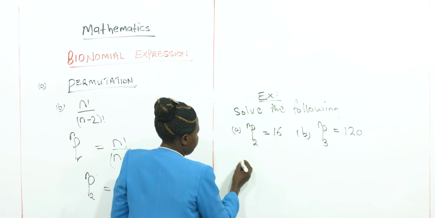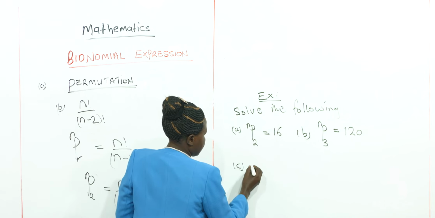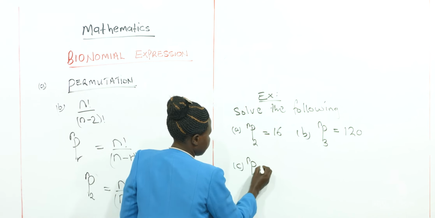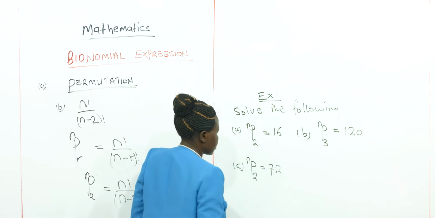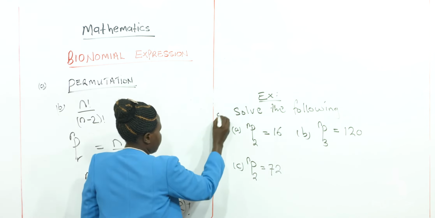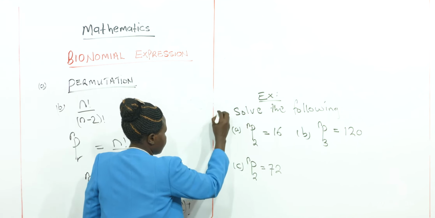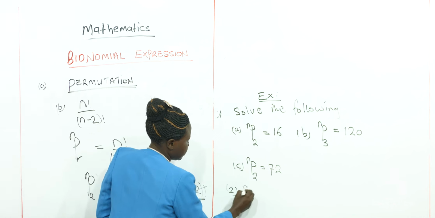And then we have C, P raised to n base 2 equals 72. And then part 2, we have simplify.